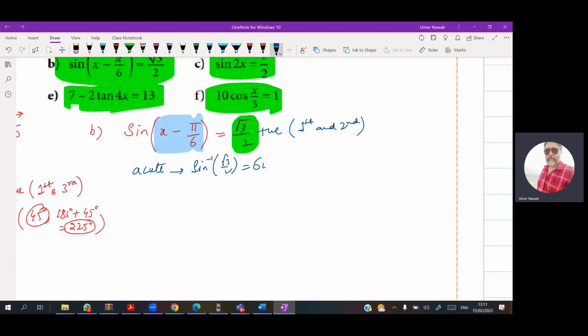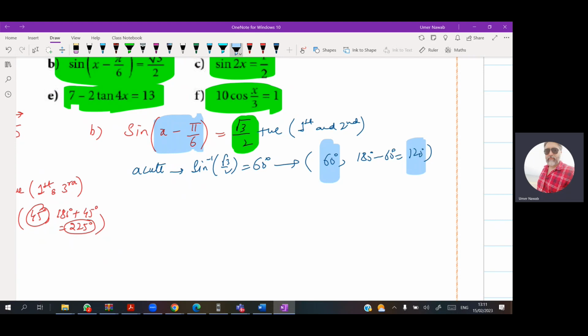When I do this, I will get 60 degrees. Now, since I get my answer as 60 degrees in the first quadrant, but I wanted the answer in the first and the second quadrant, so 60 degrees in the second quadrant means 180 minus 60, that is 120.